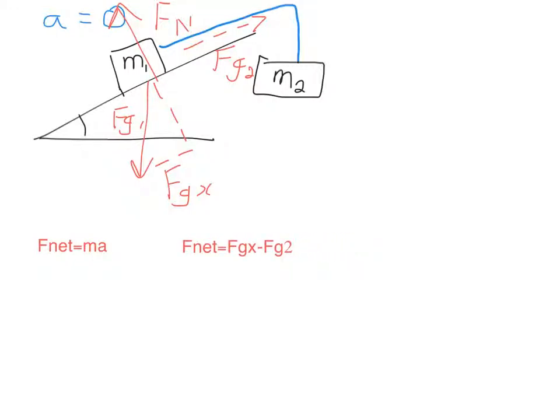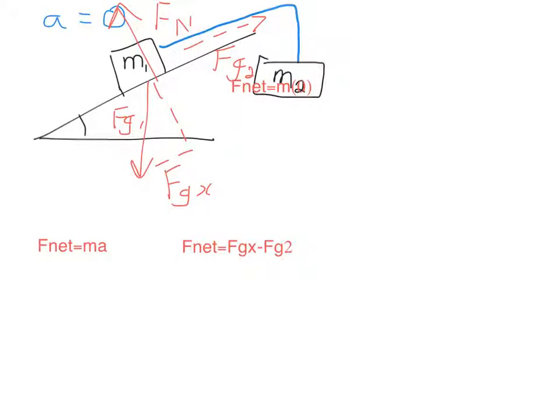Okay, so now let's first of all figure out what our net force needs to be here, because hopefully this is relatively obvious. In this case, F net will equal whatever the mass is, I still haven't specified the mass, times the acceleration, which is 0.